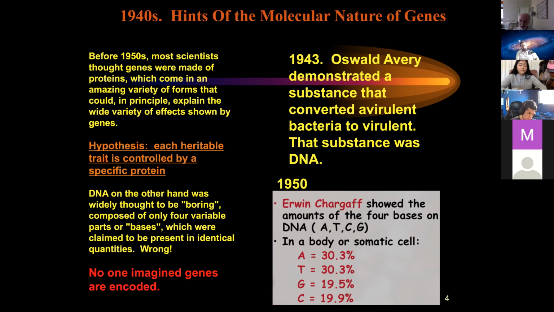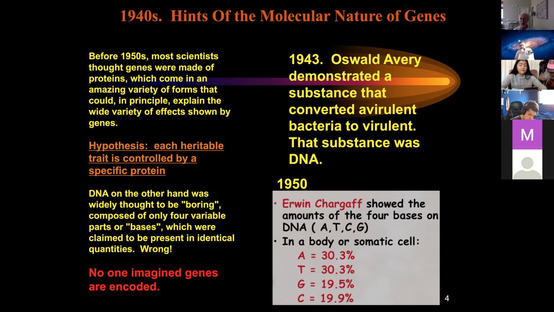And then he purified the various different components, threw away all the small molecules, they didn't count, and he ended up with a fraction containing protein and a fraction containing DNA, another fraction containing RNA. Well, it turned out that the only substance that converted avirulent to virulent was DNA, which was really a striking result, but almost nobody believed it.